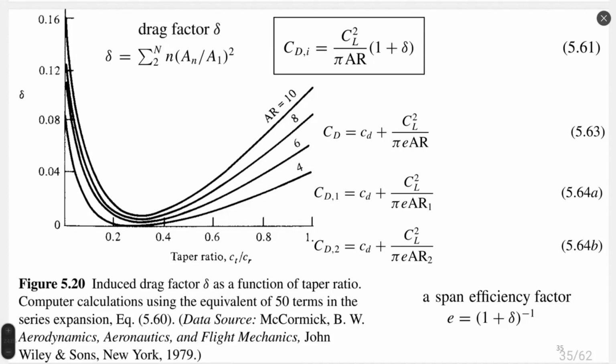For smaller aspect ratios, this delta is smaller. For high aspect ratio, delta is higher, but in general it's not so big, right? So we can see it more or less increases the induced drag coefficient on average, I can say somewhere near 5%.